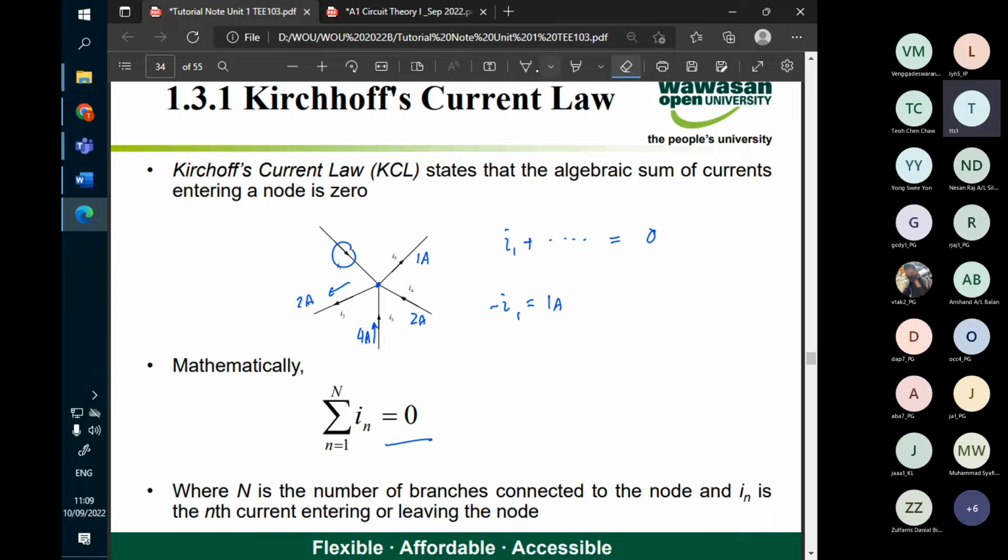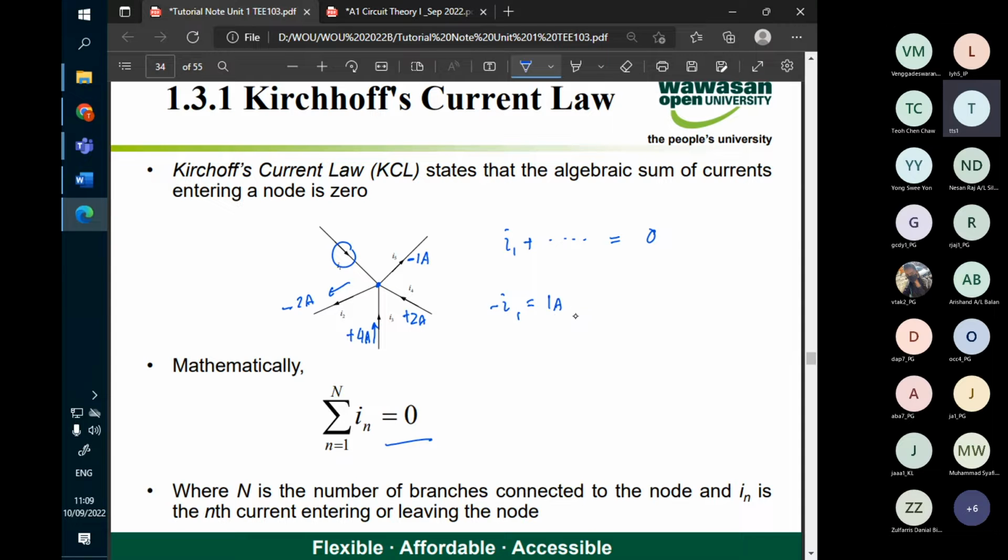Let's say the one going in is positive and the one going out must be negative, since they're in different directions.